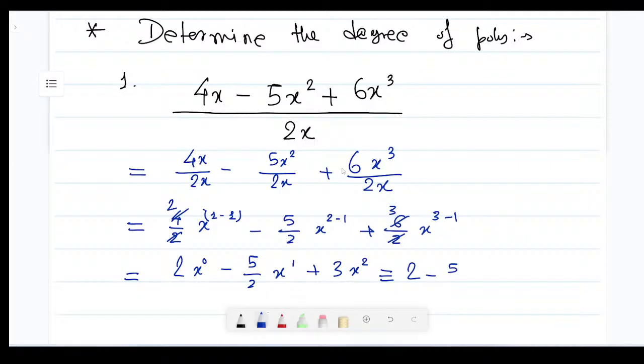So here we can get the highest degree, that is 2. So the degree is 2.